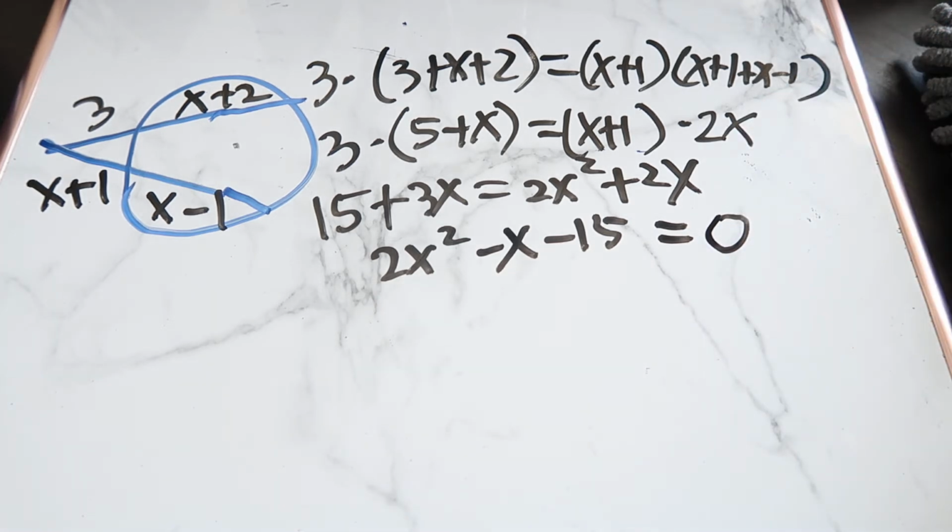Alright, and then we solve the equation. There are a couple of different things you can solve for the equation. You can do factoring, you can do the quadratic formula, if you guys remember what that is.